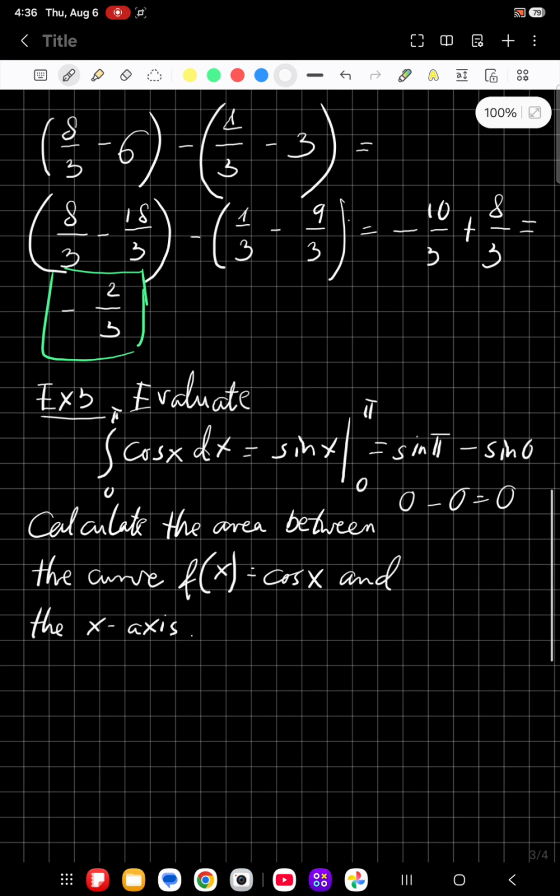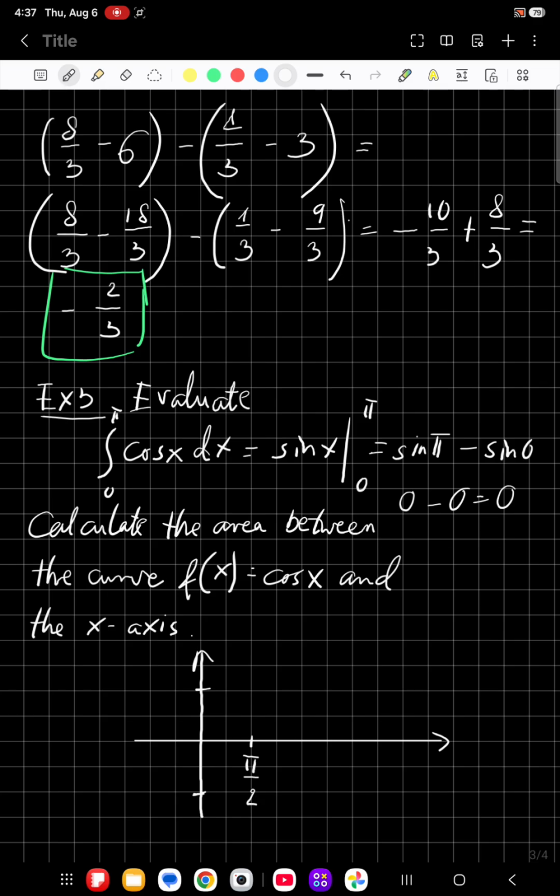Okay, so let's see. So first, let's start with the graph. Again, if you know how the cosine function looks like, that would be great. We're doing from 0 to pi. So this is pi over 2.